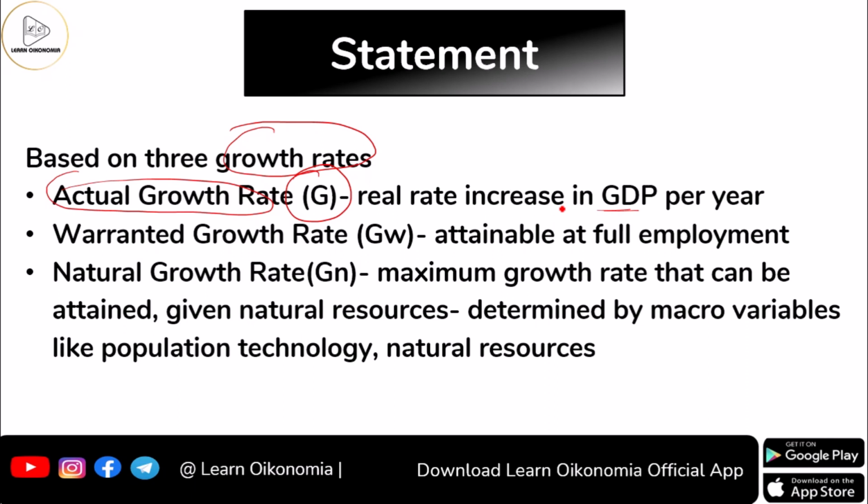What is GDP? Gross domestic product. So the per year real rate of increase in GDP is taken and represented as G, which is the actual growth rate in Harrod's model.